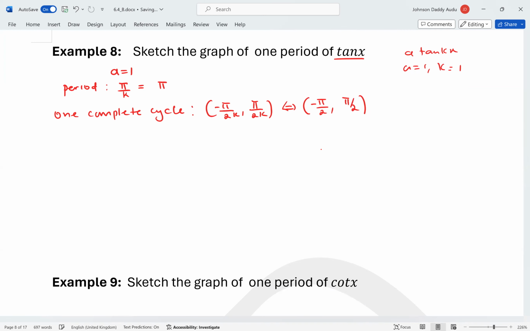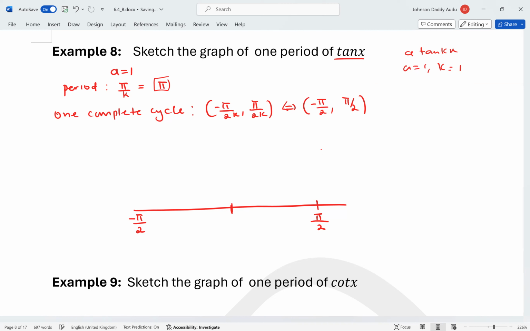It means that if we want to graph, we will start from minus pi over 2, and we stop at pi over 2. And now, what is the distance between pi over 2 and minus pi over 2? It's going to give us pi, right? Which is the period. Okay. So now, as usual, we divide this period pi into 4.